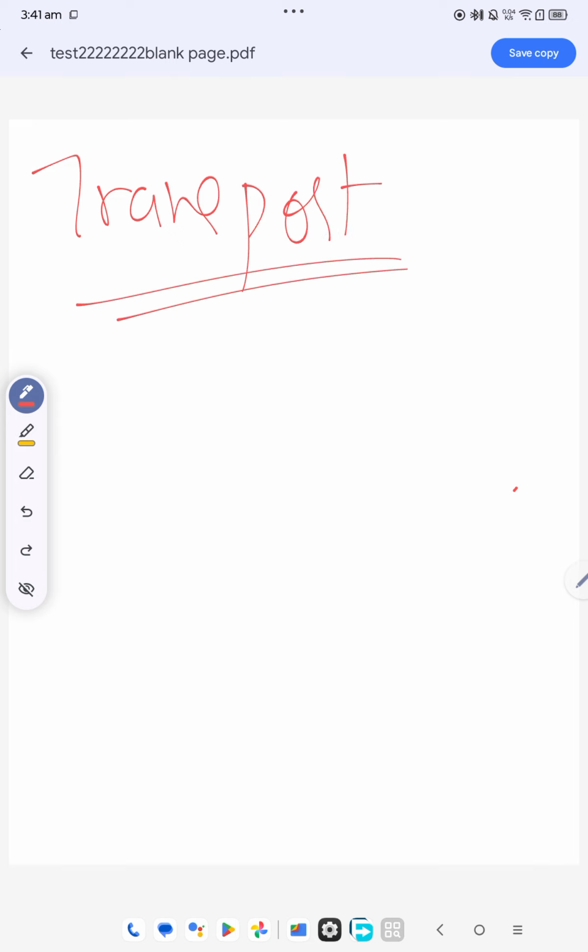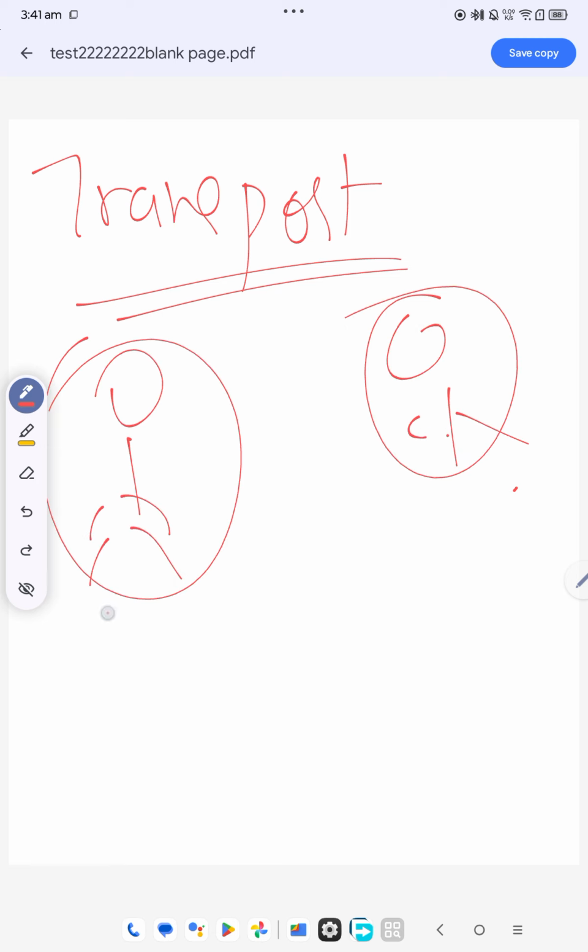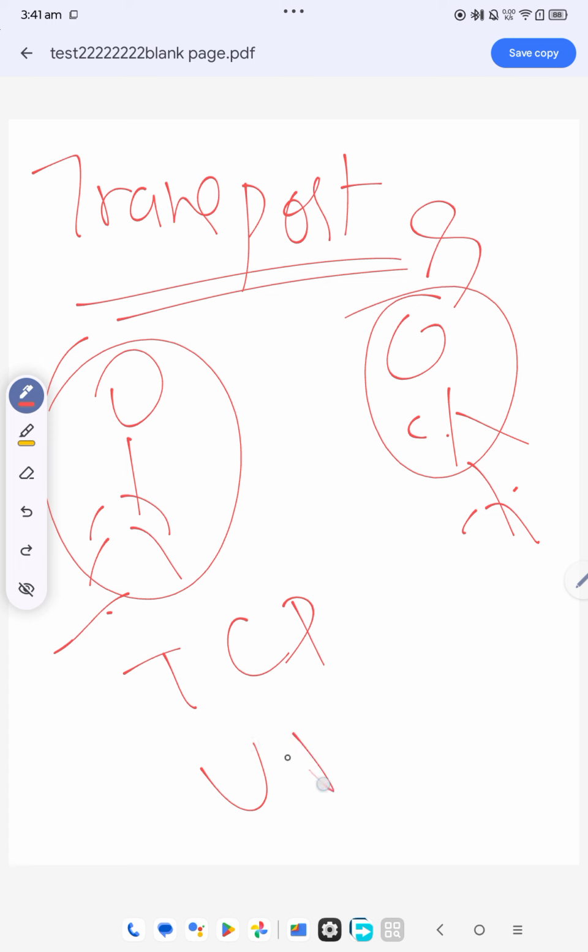Next is the transport layer. We have arranged addressing between networks: person one is using a local network, and person two is using some other network. Now we have to transport the data. Transport uses two methods, TCP and UDP.